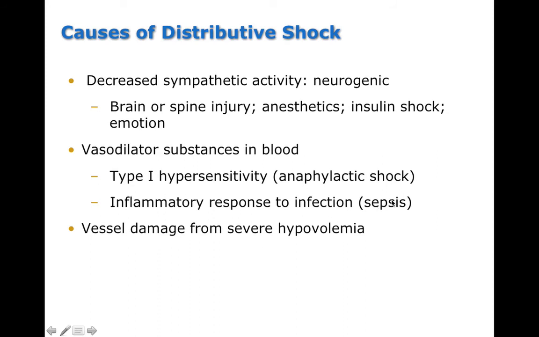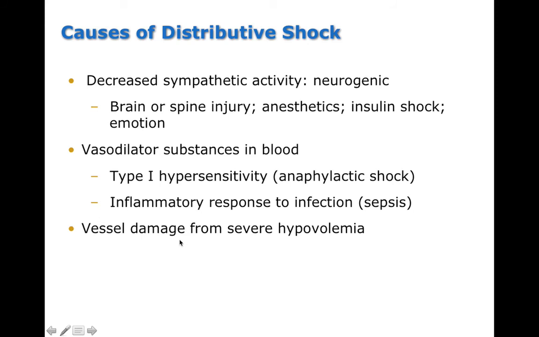Septic shock is also considered distributive shock because if someone has an infection in the blood and they get a massive inflammatory response, remember histamine is also released here, and that's going to cause vasodilation and could be so dramatic that it causes distributive shock. So just to summarize, remember there are three major causes of distributive shock: neurogenic, type 1 hypersensitivity, and inflammatory responses due to sepsis.